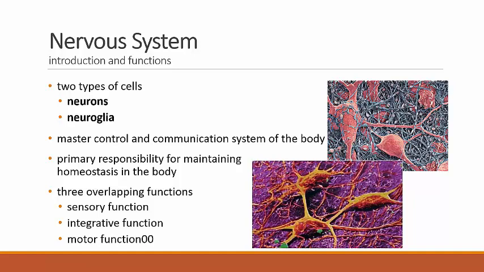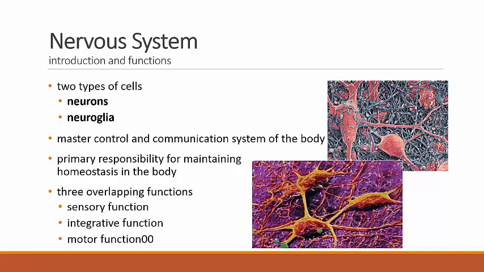The nervous system is the primary master control and communication system in the body. It shares that function with the endocrine system, but the nervous system is the boss in a lot of ways. The primary responsibility of the nervous system is to communicate with the body in order to maintain homeostasis.